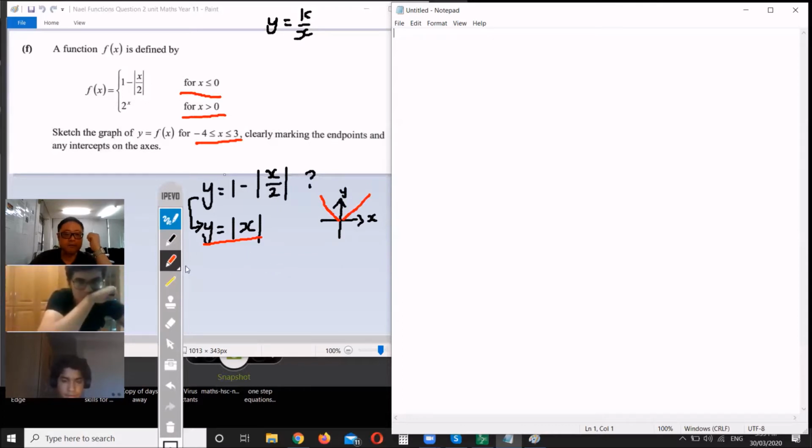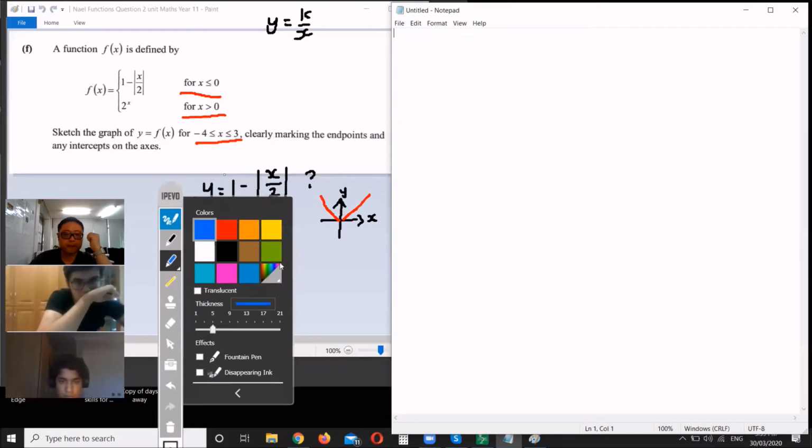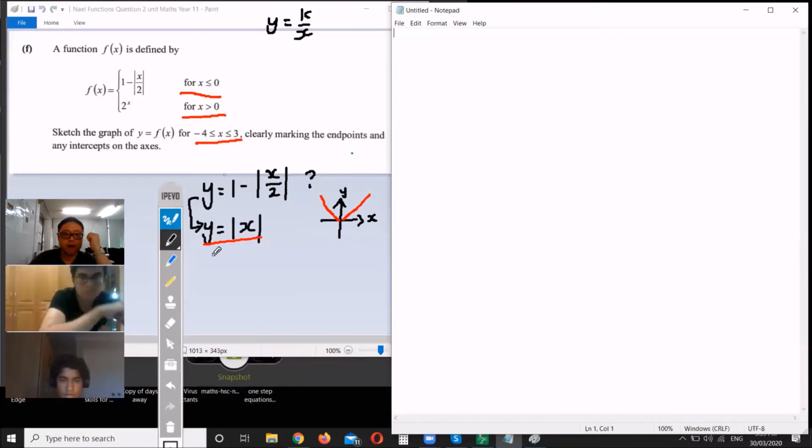Let's take this one step further: how would we graph y equals the absolute value of x on 2? It'll make it wider, like a wider v. Pretty much correct.